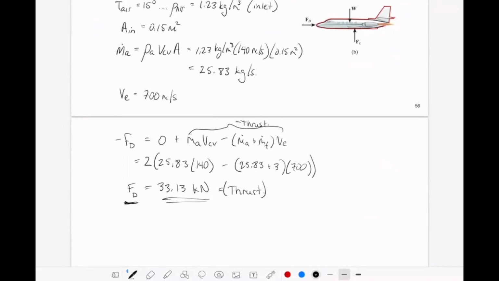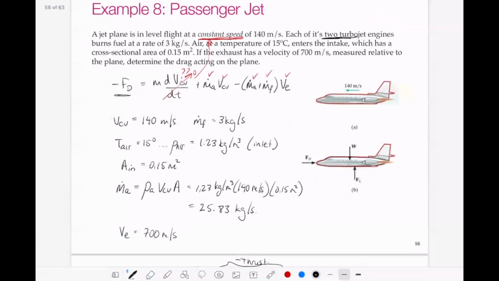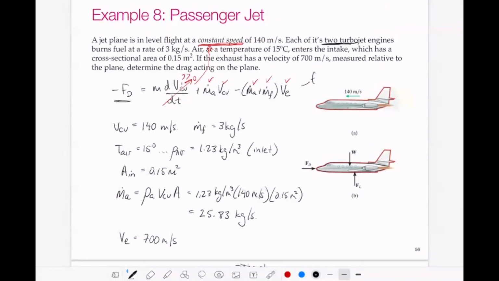So 2 times this quantity. Maybe I'll make the brackets a little more clear. So this equation here would be for each engine.